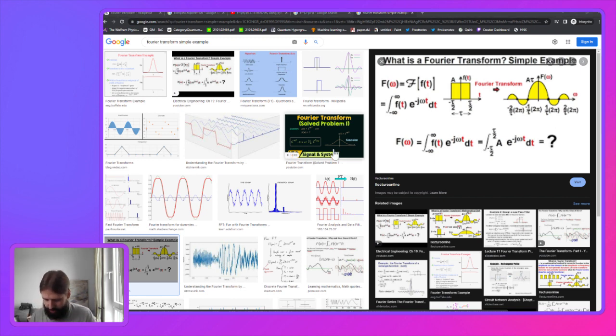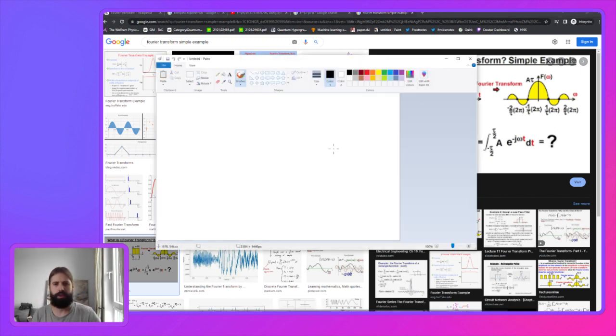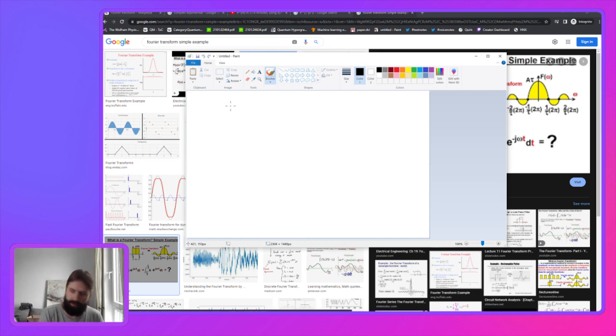Let's open up Paint again. So if you'd go ahead and do a cosine wave, let's say f of x is the cos of x, right? Now we have the Fourier transform being the integral of cosine of x times e to the power of minus I, then the frequency, and then x dx.